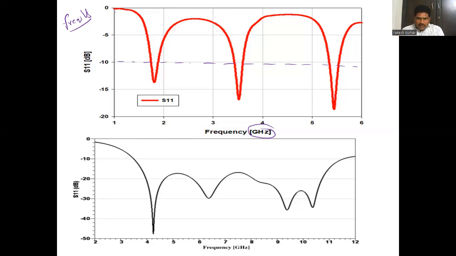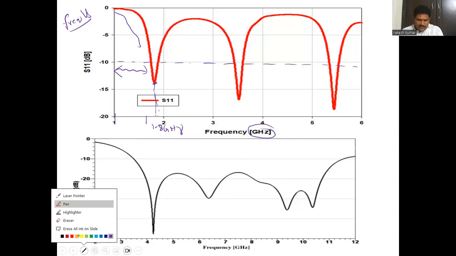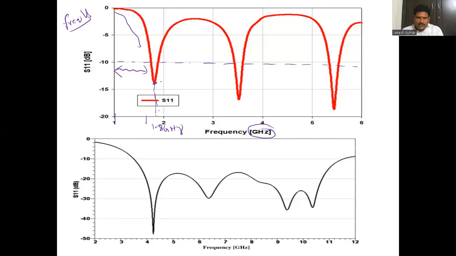So see here, from here to here your antenna is not operating, from 1 to 1.6 gigahertz. But where is it operating? Whenever the values come below minus 10 dB, at this point, which is almost equal to 1.8 gigahertz.